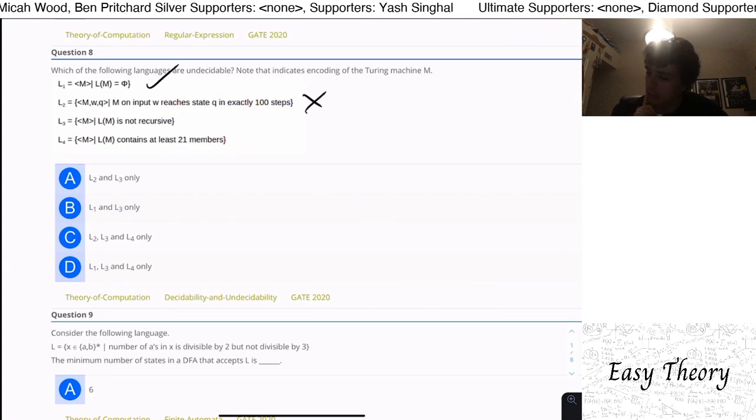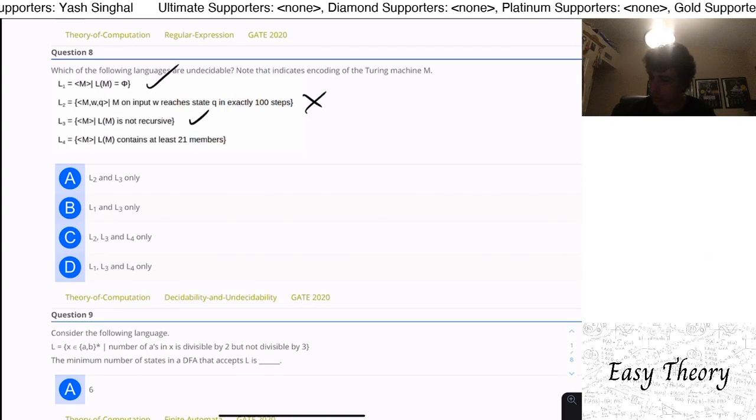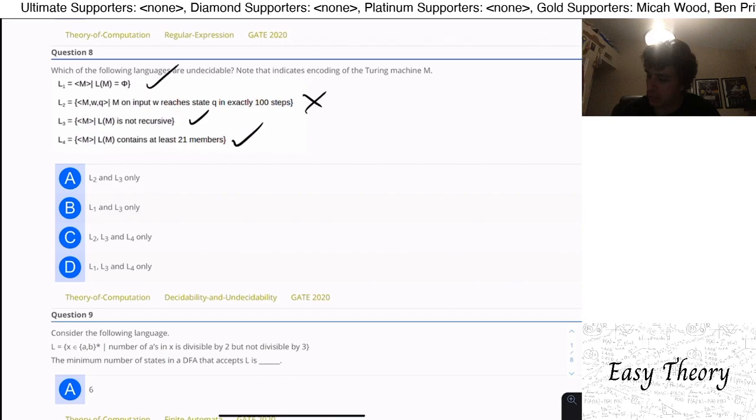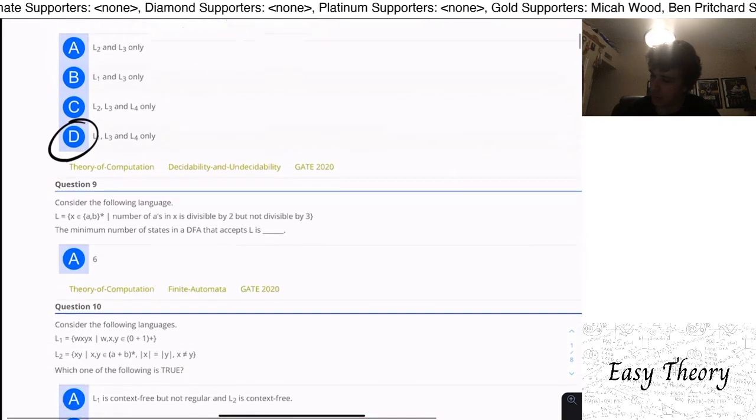So that one is decidable. L of M is not recursive. So that one's undecidable too because there are some languages that are recursive, some languages that are not. And the fourth one you can get via Rice's theorem, so it's D here.